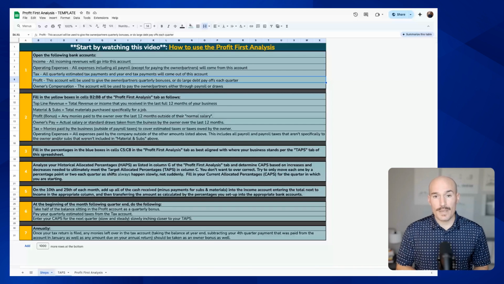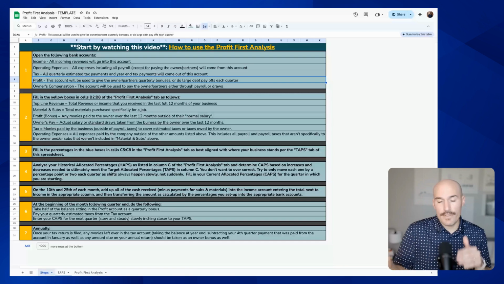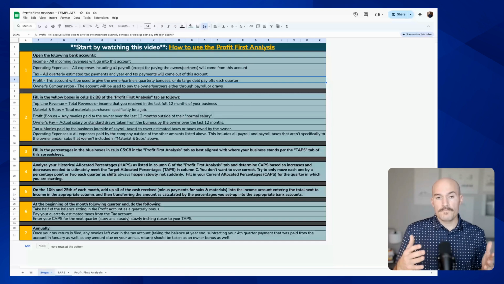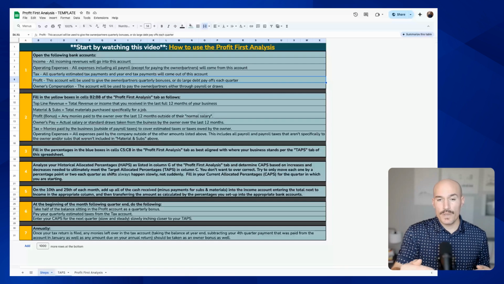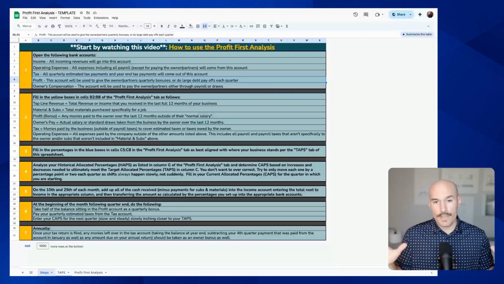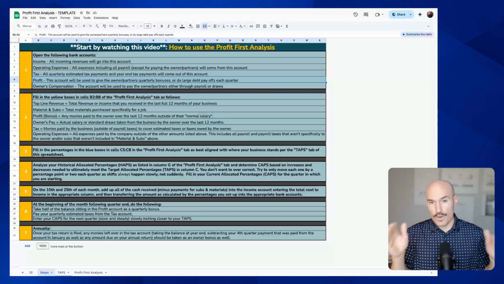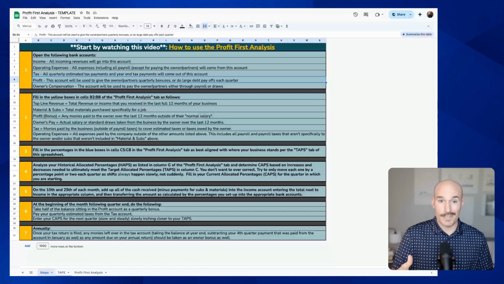So those will be the prime ones that you will use every single week inside of your business. Likely you only have a checking and a savings account right now. Your checking account is going to become your operating expenses account. And that's where you will do a majority of the expenditure-wise things.